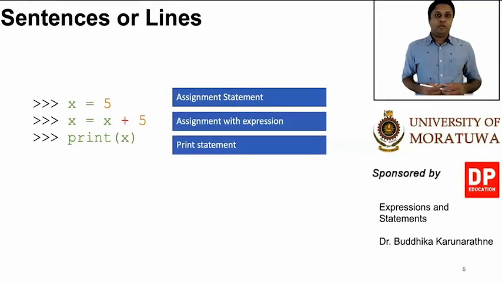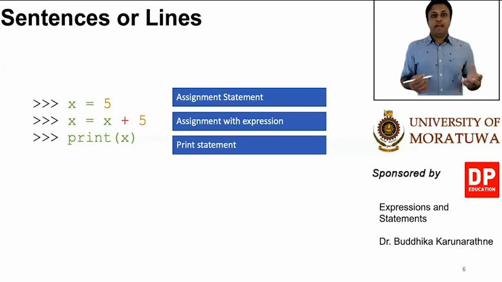So in this example, variables x and y carry numeric values. In a typical Python program, we can identify different types of statements. We have some examples here. The first one you see is called an assignment statement. There we assign the value 5 to the variable called x.